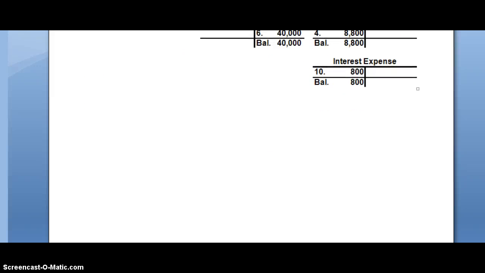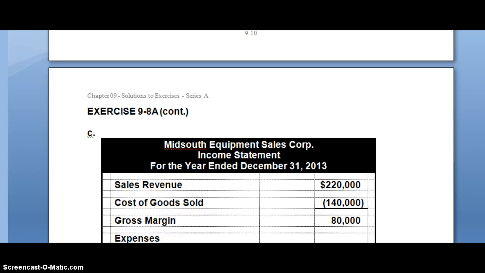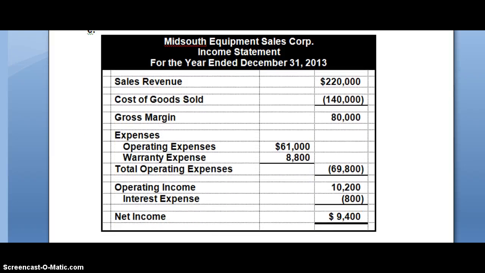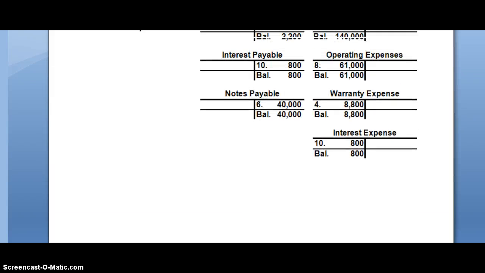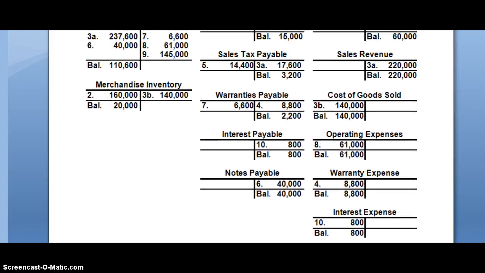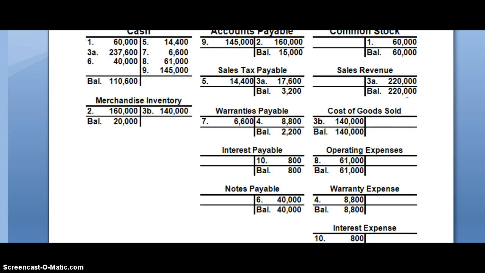We are going to start with the income statement. Sales revenue, cost of goods sold. And I'll go back up here for a second. Sales revenue, that's how we got it. And the cost of goods sold, that's how we got that right here.